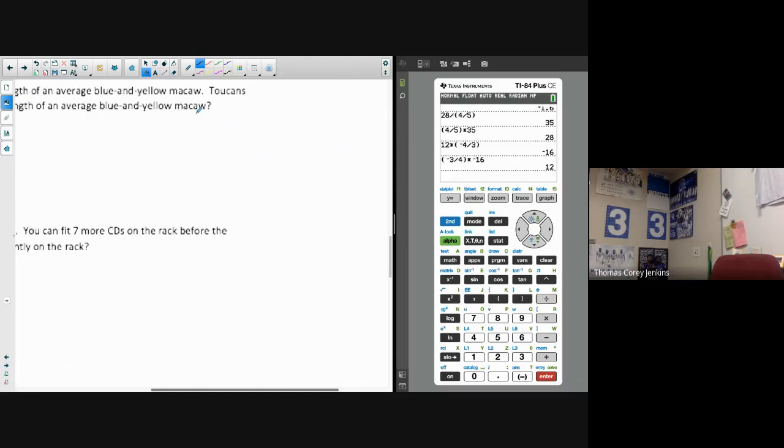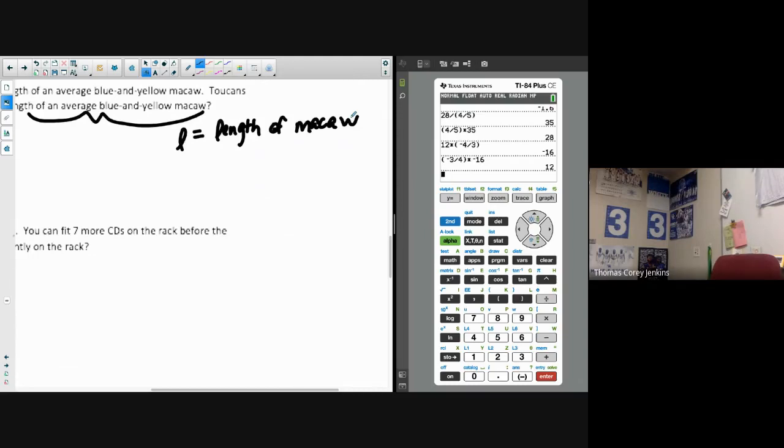So we can let L stand for that, or X, or whatever. The letter is not important, but we're going to say L equals the length of macaw. Hopefully that pops up. There we go. Okay, so I've defined my variable. That makes life a lot easier.